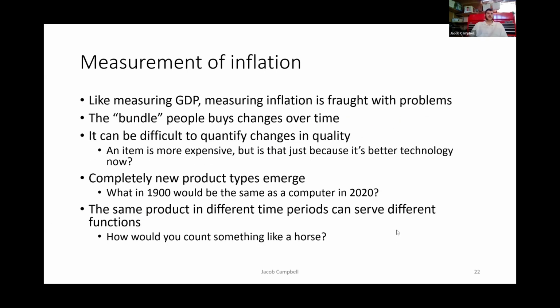Now, like measuring GDP, measuring inflation is going to be fraught with problems. The bundle people buy changes over time. It can change in part just due to changes in taste. Things come in and out of fashion. People want different kinds of products.